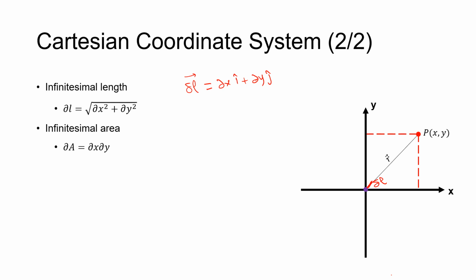If you apply the Pythagorean theorem again, delta L as a distance equals the root of delta x squared plus delta y squared. Similarly, for a very small area with sides delta x and delta y, the area delta A is simply the multiplication of delta x and delta y.